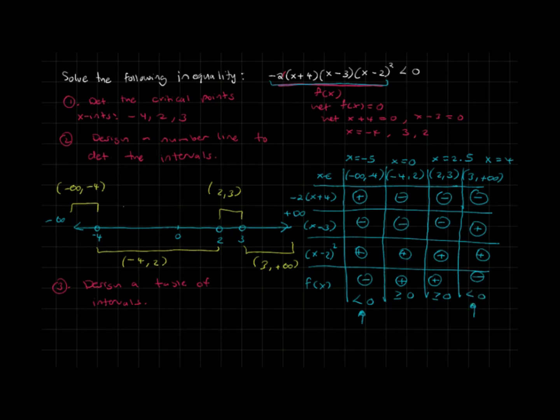So our two solutions here are where the inequality is less than 0, when it's negative. Therefore x can belong to negative infinity and negative 4, as well as 3 and positive infinity. We use this symbol, union, to mean or, so it can be in this interval or this interval. Okay, and this is how we solve our inequality.